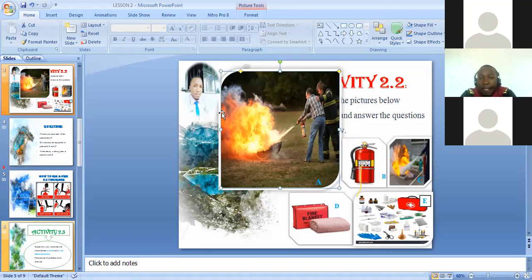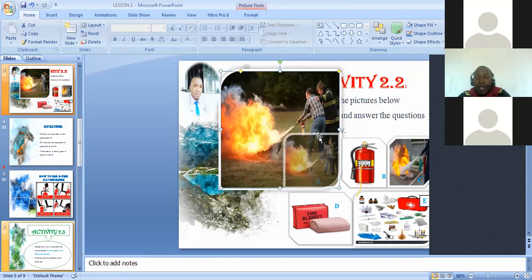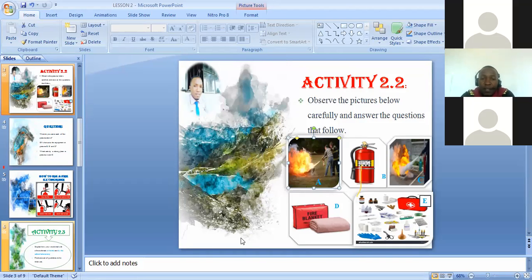But this gentleman in jeans is not very safe because he's putting on clothes which can easily catch fire. So as you carry out a particular activity, to maintain safety involves putting on attire that can also safeguard you from danger.